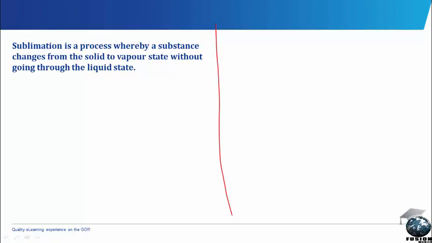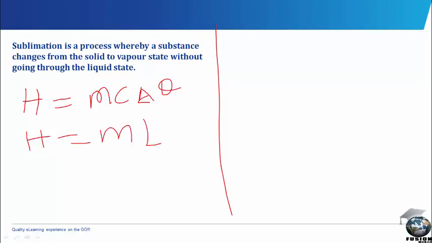So I want to place down some equations of heat here. First, we say that heat is equal to mc delta theta. Secondly, considering latent heat, H equals ml, where L is the specific latent heat.